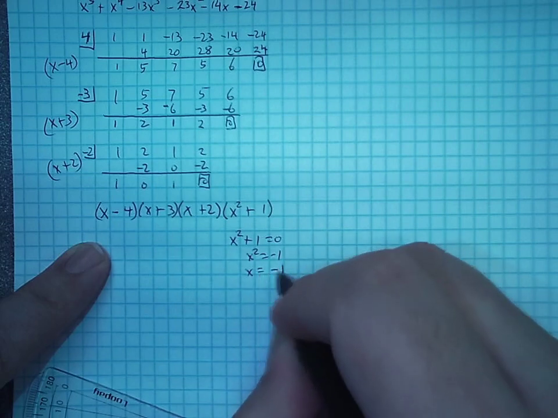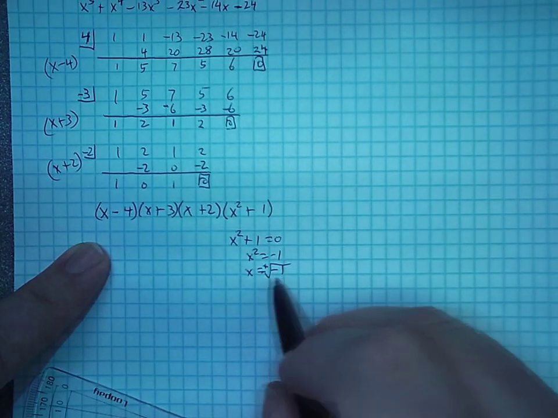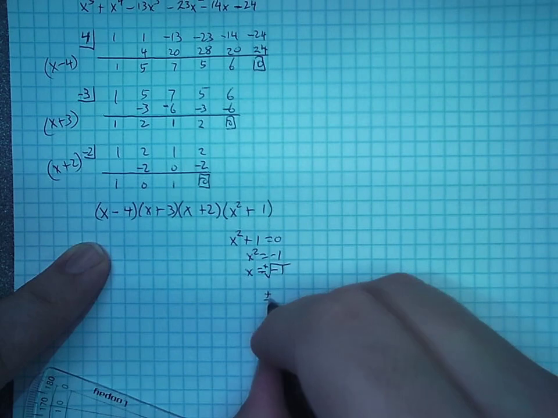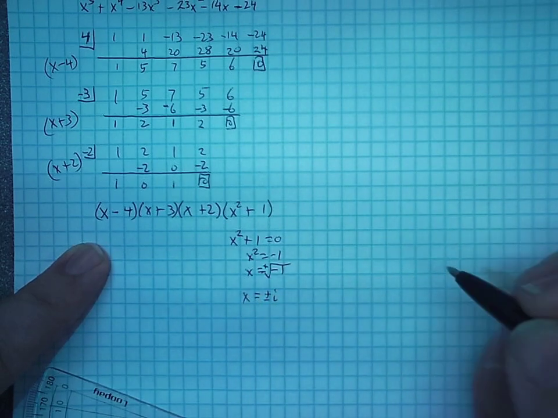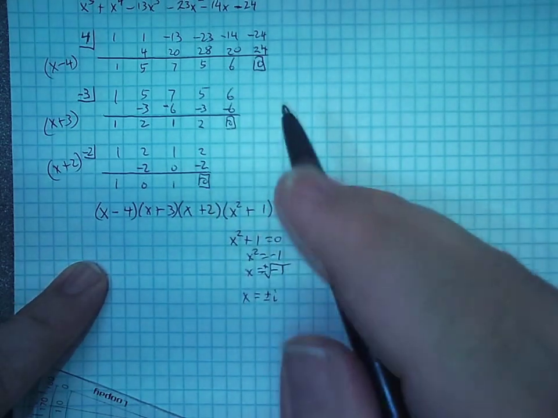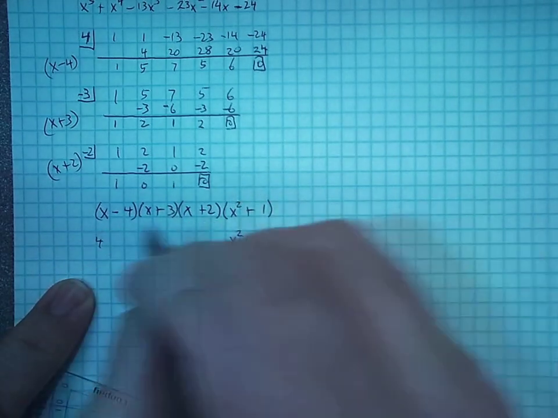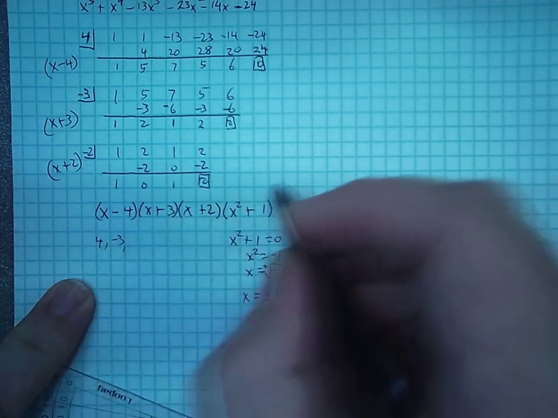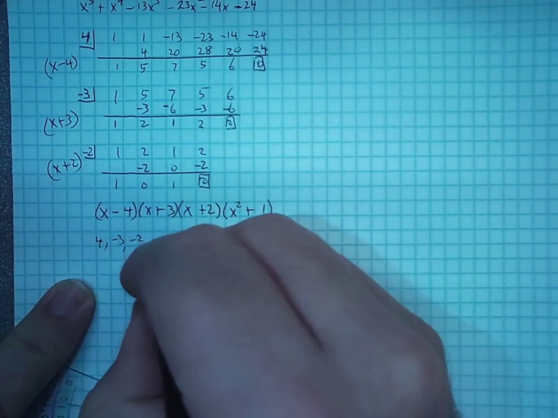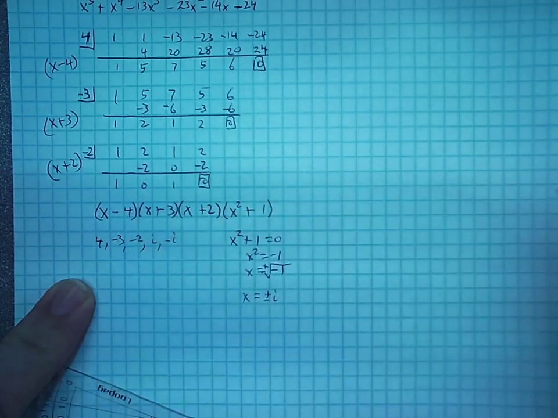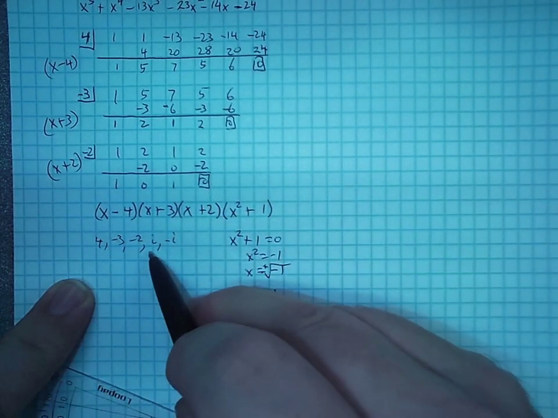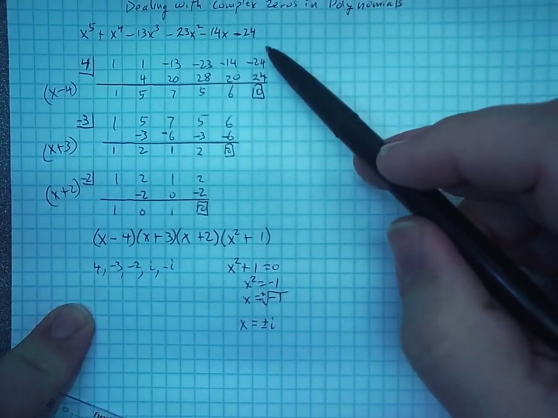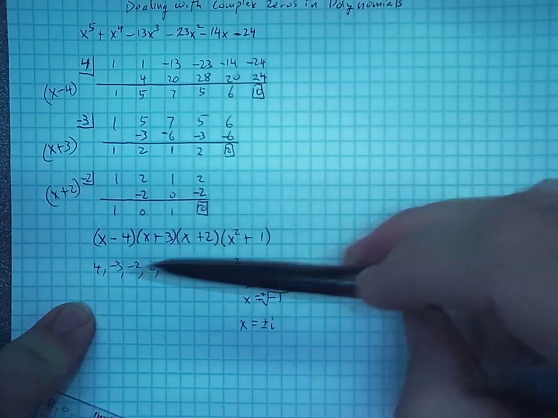So plus or minus the square root of negative 1. The square root of negative 1 is i, so this is plus or minus i, which means my zeros are positive 4, negative 3, negative 2, i, and negative i. 1, 2, 3, 4, 5. 5 zeros, 5 complex zeros.